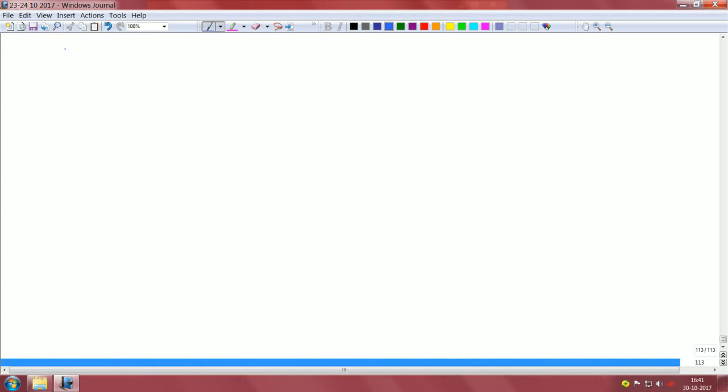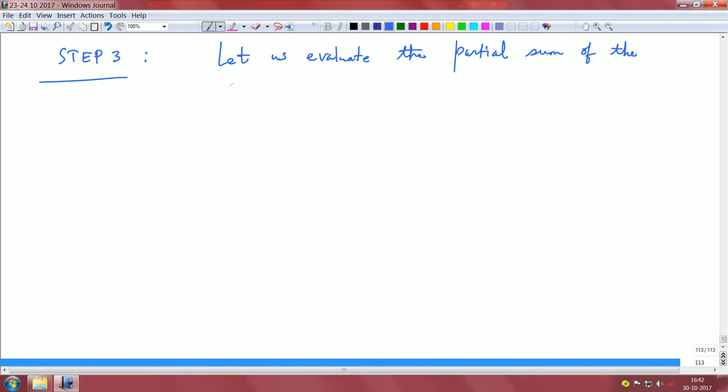Now, we go to step 3. Let us evaluate the partial sum of the Fourier series. We will evaluate the partial sum of the Fourier series.